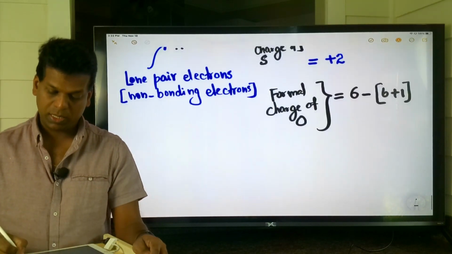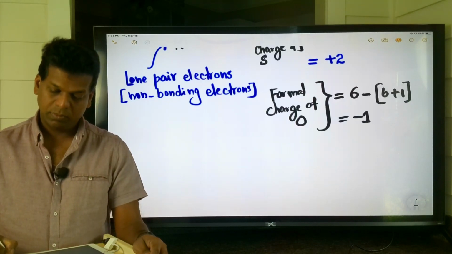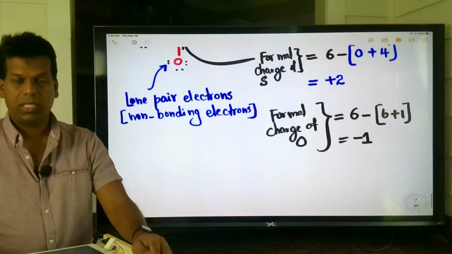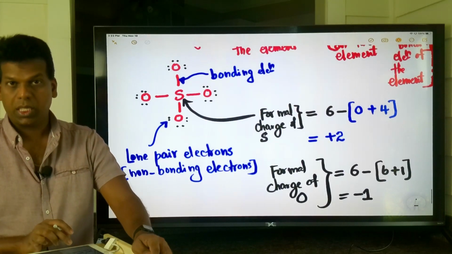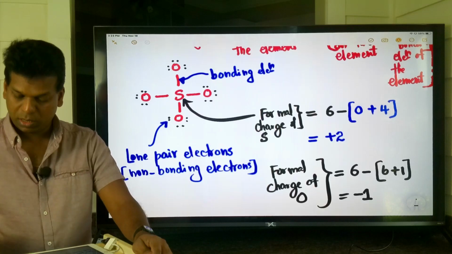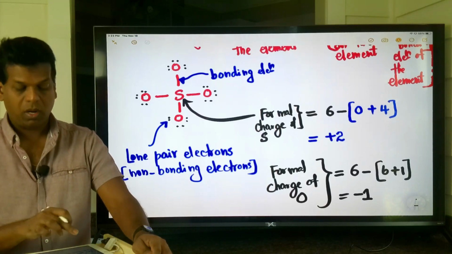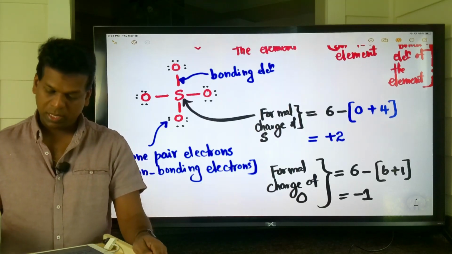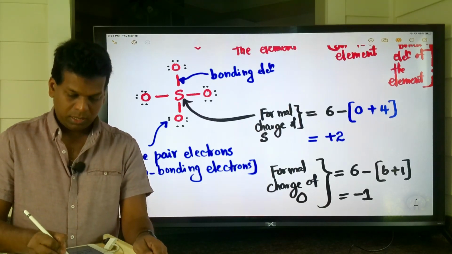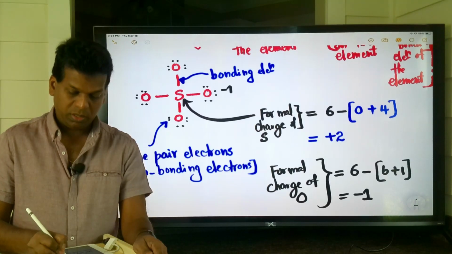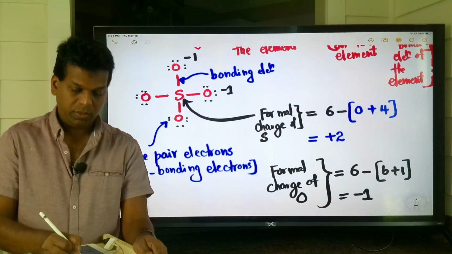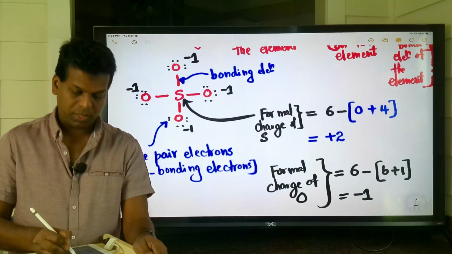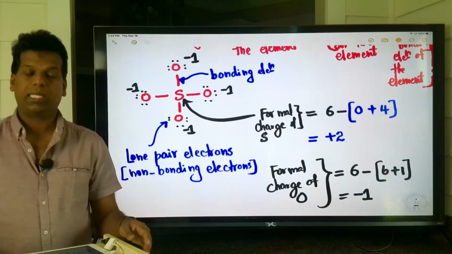It is 6 minus 7, which is negative 1. For sulfur it is plus 2, oxygen negative 1. If you calculate the formal charges of all 4 oxygens, they are each going to be negative 1. So this formal charge is negative 1, this is negative 1, likewise all the others are negative 1, because they are the same. You can calculate and see.